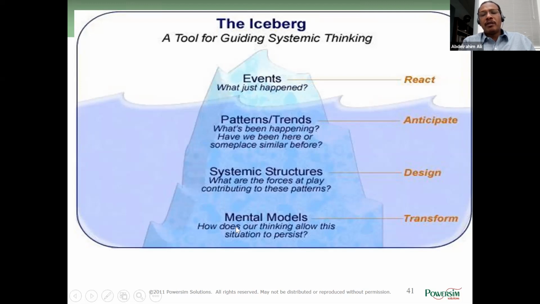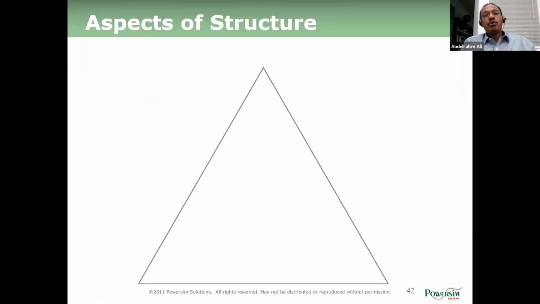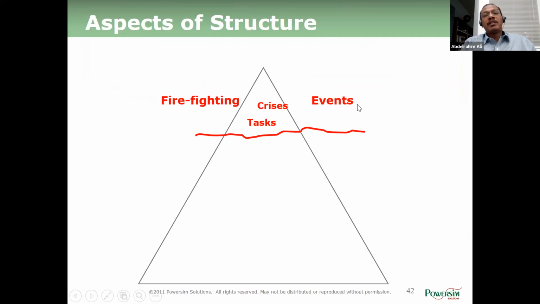How does our thinking allow this situation to persist? At this level, we talk about transformation. This is why systems thinking can be used for the transformation of organizations or people. Because usually at the first level of the events, we focus on managing the crisis and tasks, and we have that sense of firefighting.